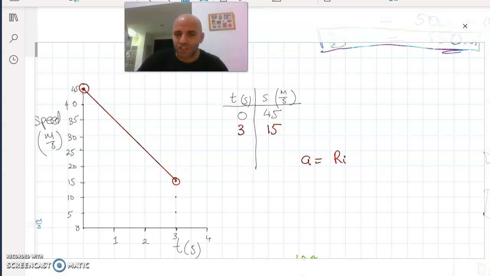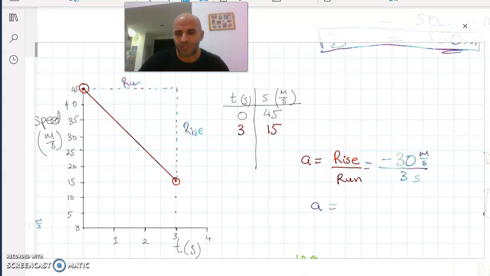I then decided to check the acceleration from rise over run, and you can see that the run continues on positively, but the rise is actually negative because it's coming down. It's risen by negative 30 meters per second over a time of 3 seconds. And that gives me the acceleration that I've already calculated, which was negative 10 meters per second squared.